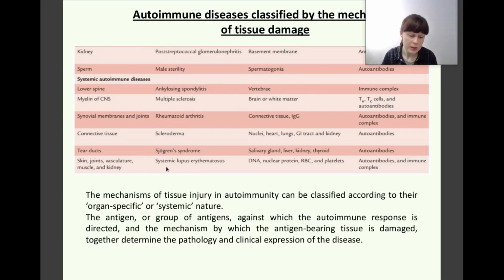Reactions against some proteins can lead to development of antinuclear antibodies, and these antinuclear antibodies can interact with the nucleus of all other cells, so the lesions are not confined to any one organ.